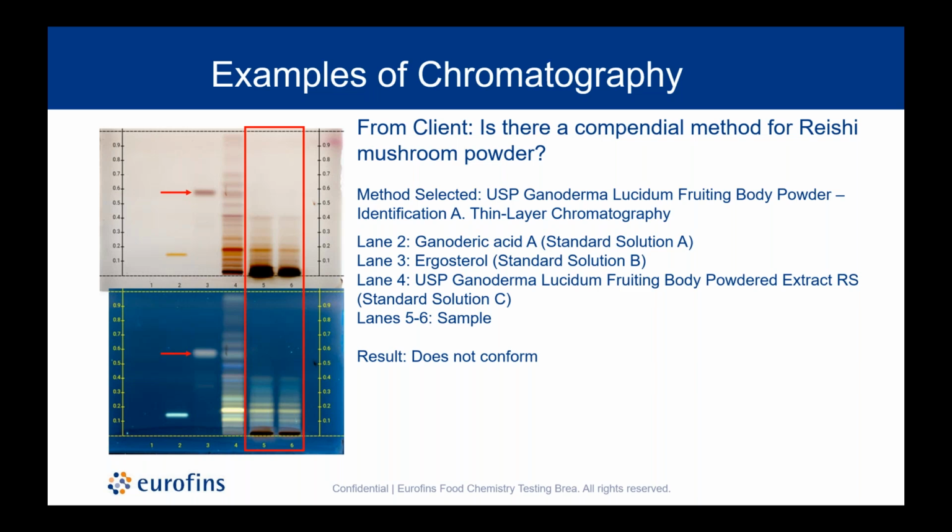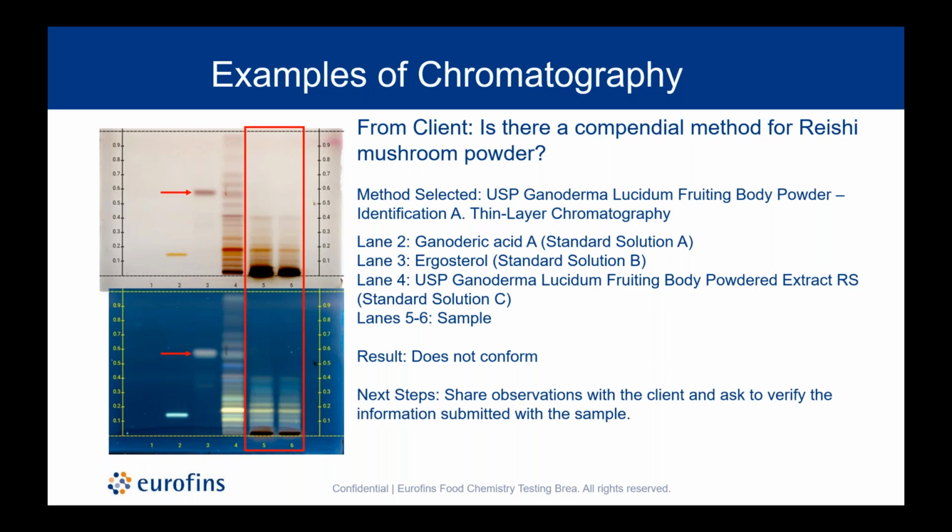And so what do we do when we get a does not conform or out of spec result? Well, we can look at the data, we can share the observations. Next steps with the client involve having a conversation.